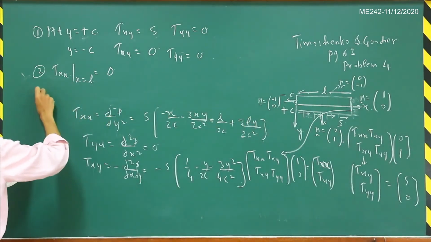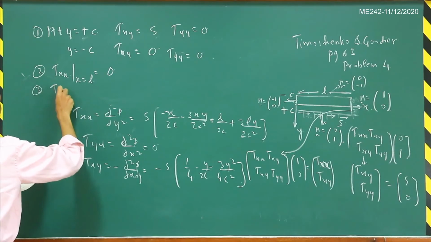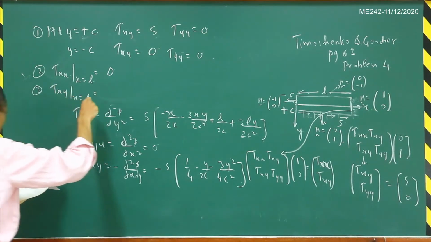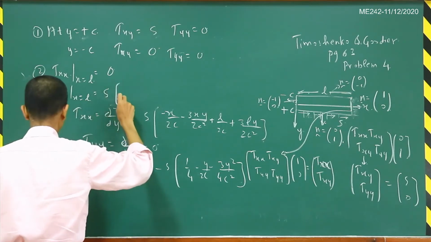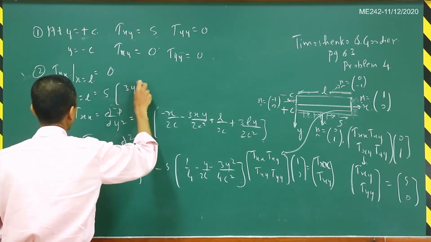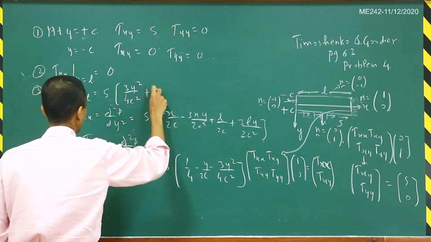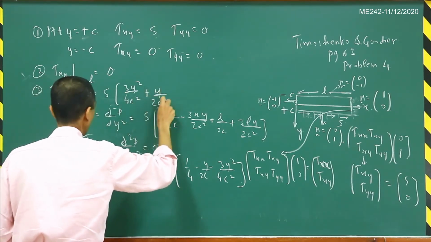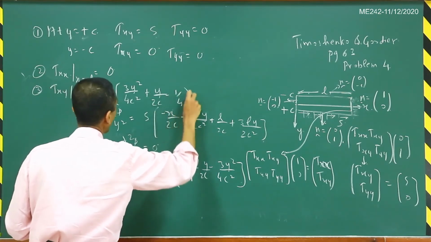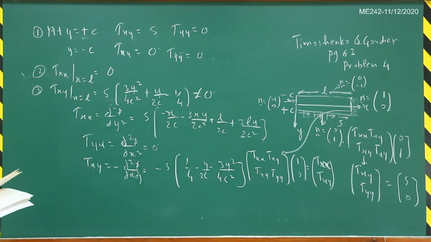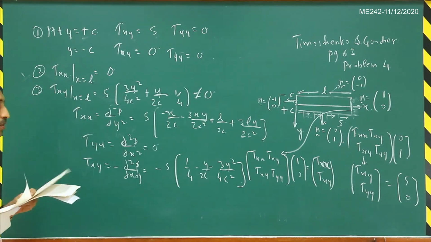So the third part is that tau xy at x equal to L is equal to s times (3y squared divided by 4c squared plus y divided by 2c minus 1/4), and that is not equal to 0. So this is the shortcoming in this particular solution.